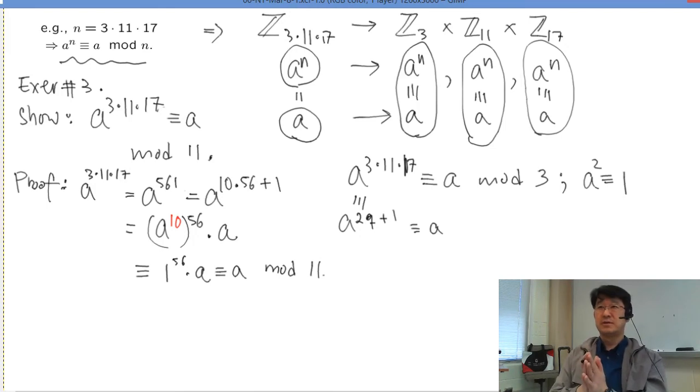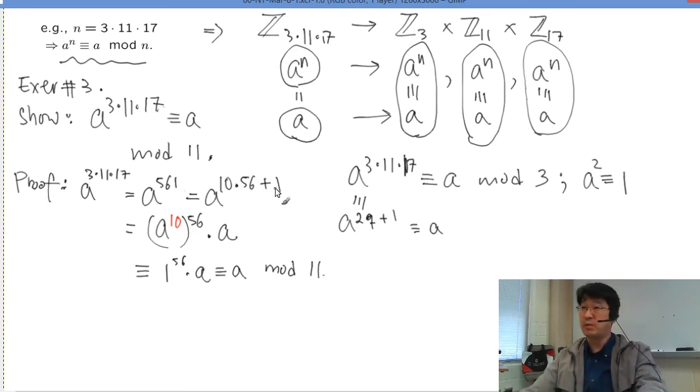All right, how was it? In the exponent of 561, any multiple of 10 will disappear. So I organize it like 10 times 56, with remainder 1. So a to the 10 is 1 by Fermat's little theorem, and you're left with just a to the first. That's what we wanted to prove.